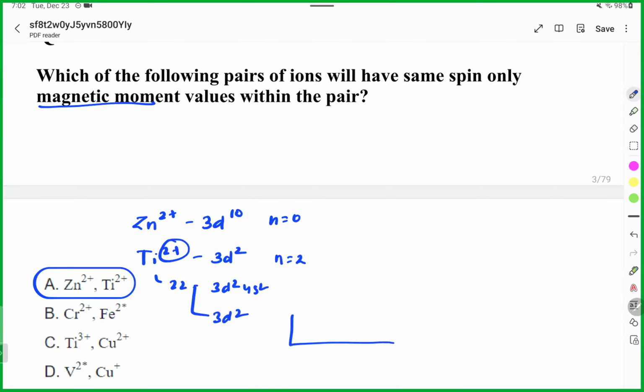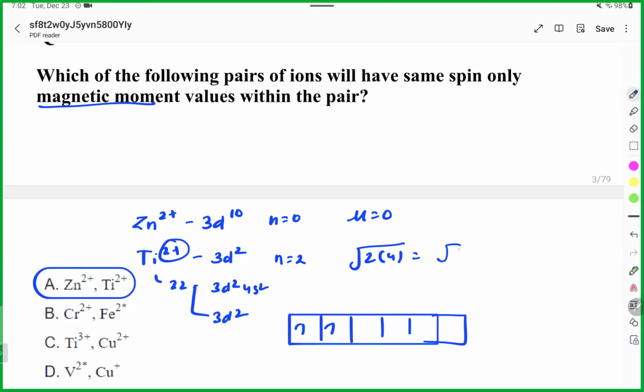Only 2 electrons are present in 5 orbitals, so both are unpaired electrons. In this case, the magnetic moment will be under root 8, slightly less than 3. Any doubt, guys?